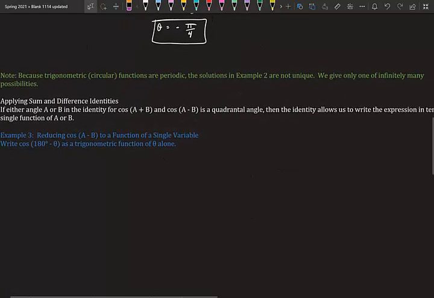So something that's going to come back later on. Because trigonometric functions are circular functions, they're periodic, the solutions in example 2 are not unique. We give only one of the infinite many possibilities because it goes on forever. There's no restriction on this domain, so it just keeps rotating and rotating and rotating. So you could find literally every angle that could create this.